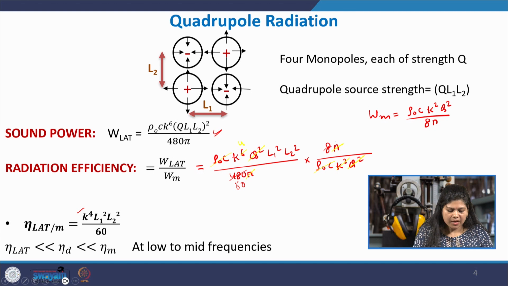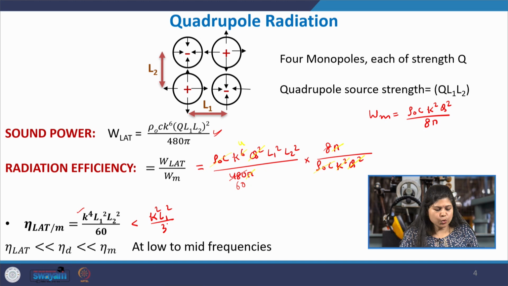As you see here, for the low to mid frequency ranges, this term is even smaller than the term we found for the previous case. Which means that the radiation efficiency of a lateral quadrupole is much lower than that of the dipole, which again is much lower than a monopole.